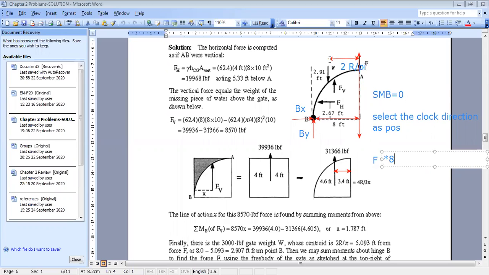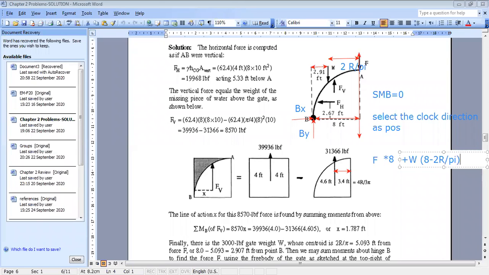Now for the weight of the gate, we need to find the distance from the weight to point B, which is 8 minus 2r over pi. The weight is also rotating in the clockwise direction, so it's plus. So plus the weight of the gate, W, times 8 minus 2r over pi.